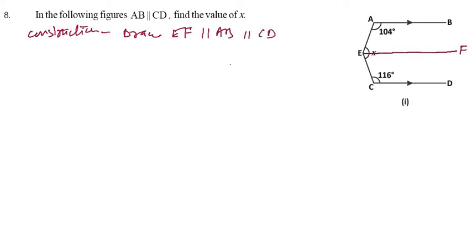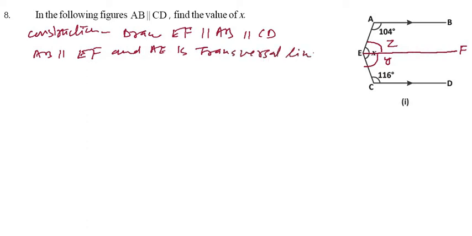So let us see here. Suppose this angle is Z and this angle is Y. So by AB parallel to EF, and AE is the transversal line, so by same side angles, what will happen?